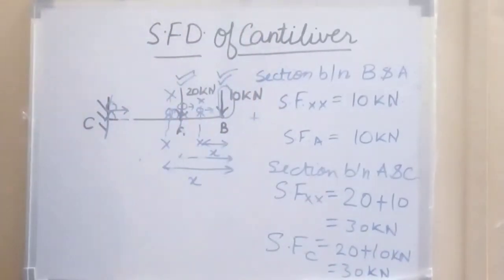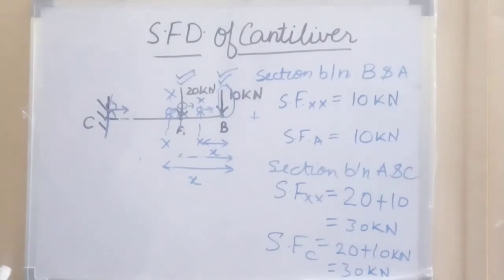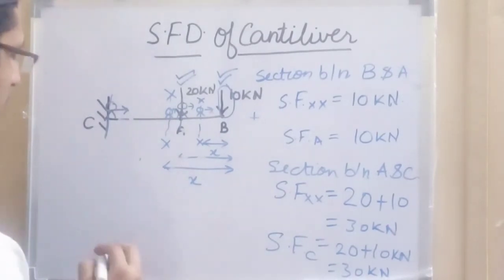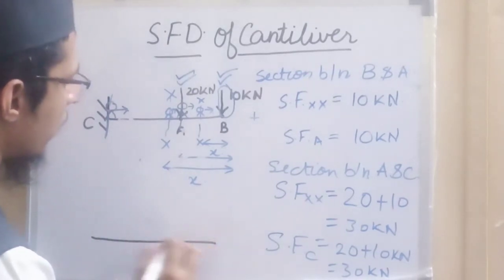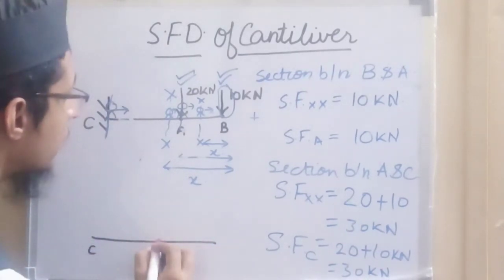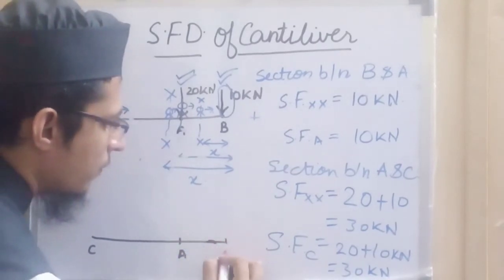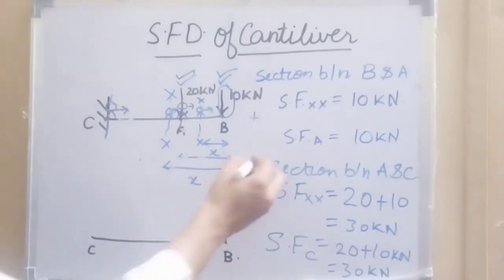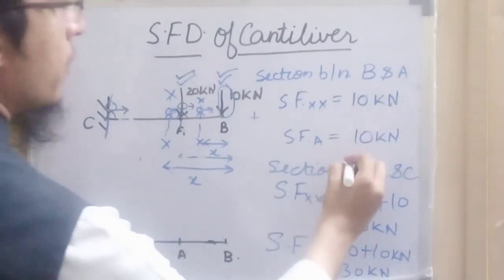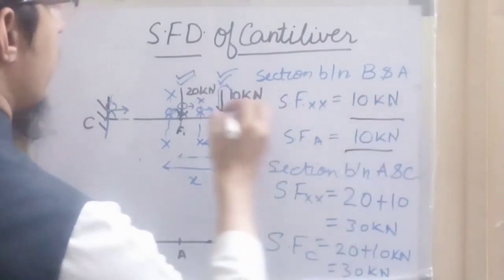Now again we can draw the shear force diagram for this cantilever. So this is C, this is A, and this is B. Between B and A at every point we have a shear force equal to 10 kilonewton.